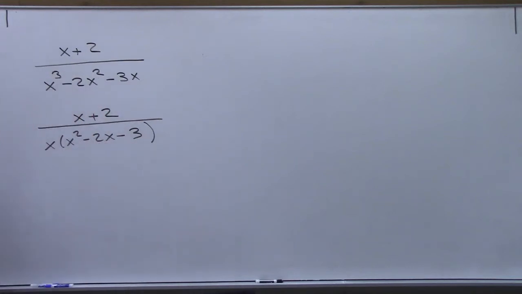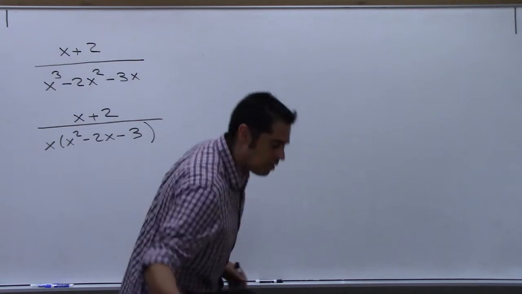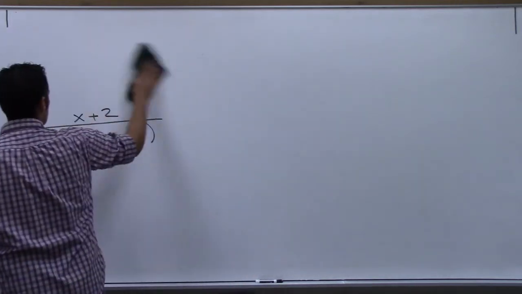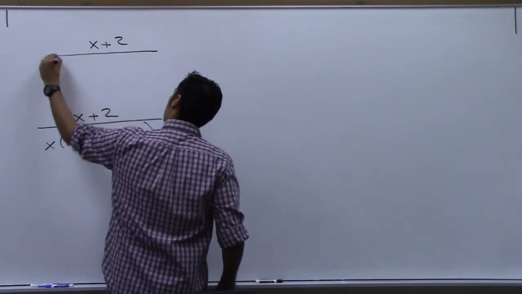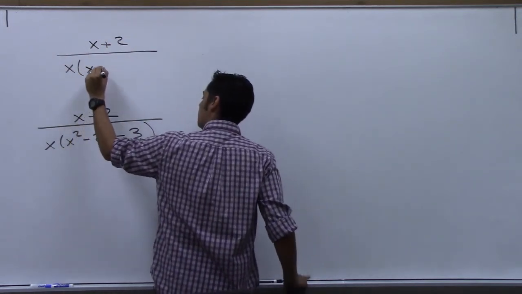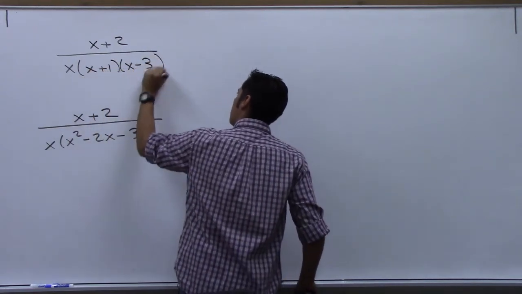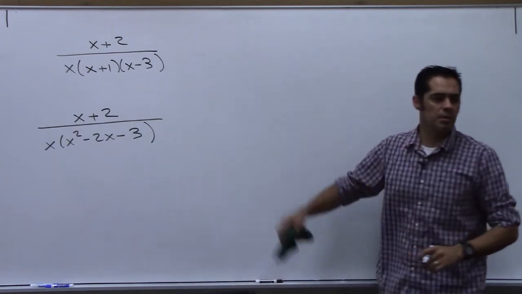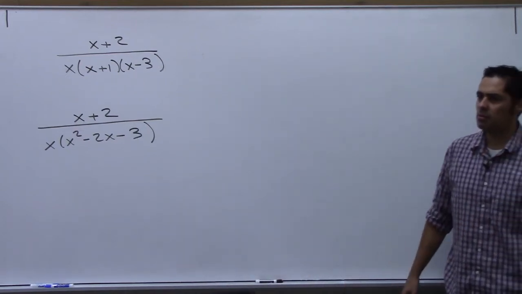All right, so here, continue to factor the denominator, and I'm going to put it up above so I can work it out. I'll have x plus 2 over x times x plus 1, x minus 3. Now, it does not matter what order you put those in. We should all get the same result.